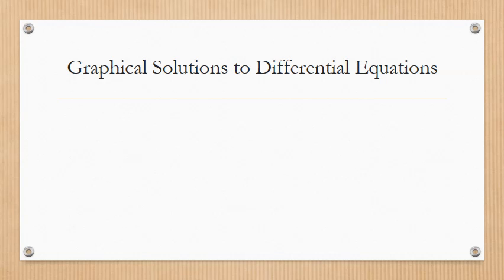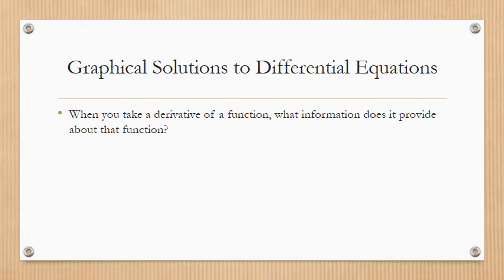Alright, so what is a direction field? It is a graphical solution to a first-order differential equation. So the big question is, when you take a derivative of a function, what information does it provide about the function? The information that it gives us is information about the slope of the function.